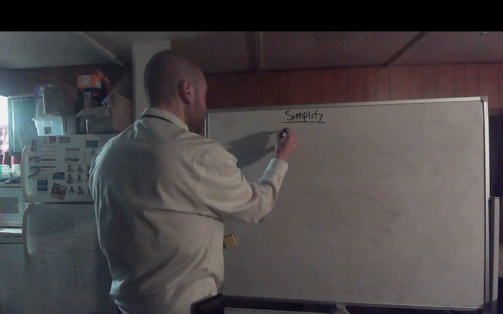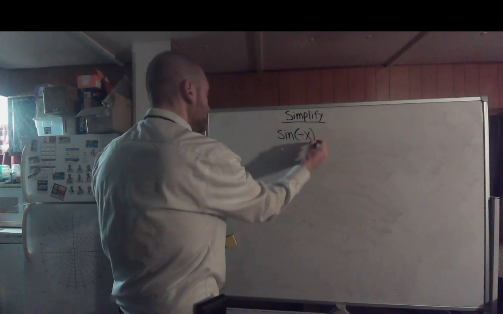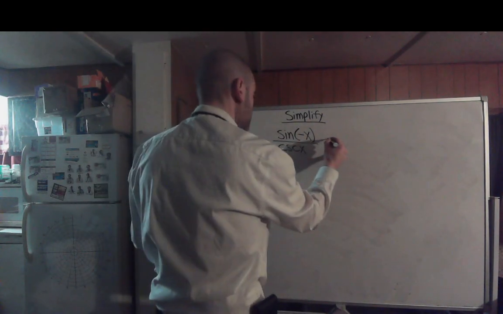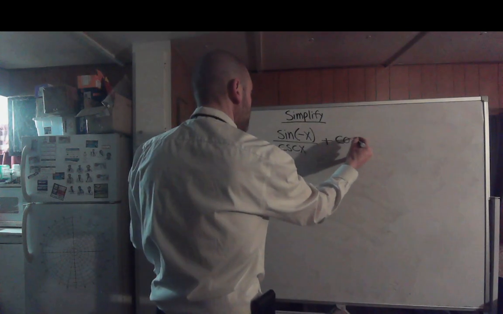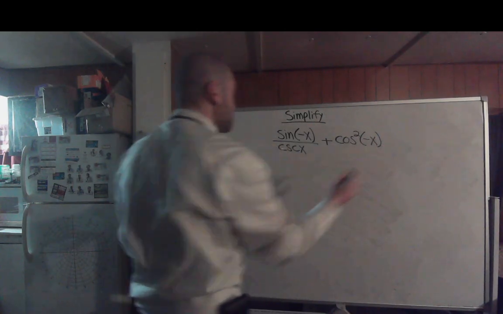All right, let's see. Sine of negative x over the cosecant of x plus the cosine squared of negative x.